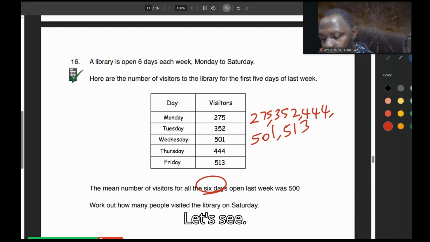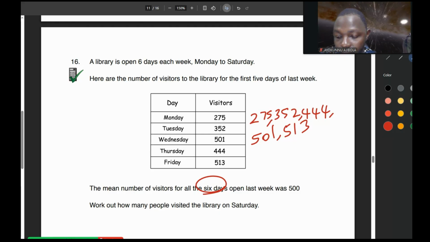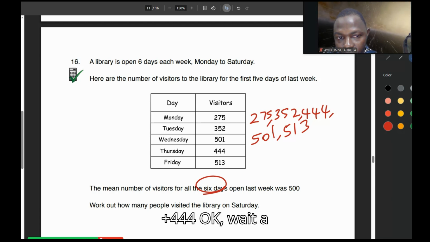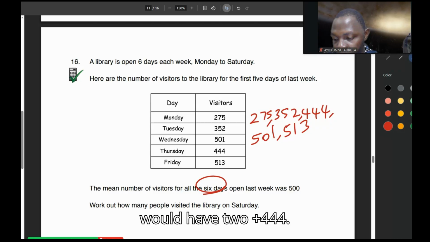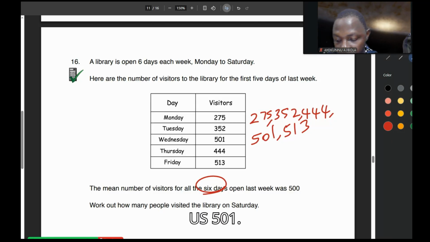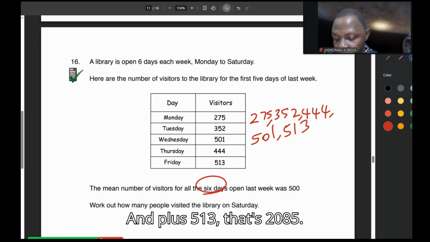Let's see. 275 plus 352 plus 444 plus 501 plus 513.